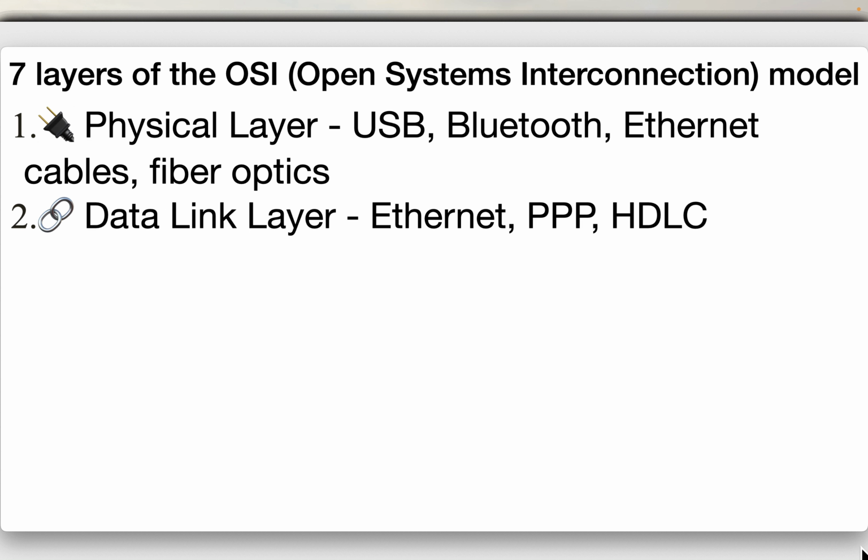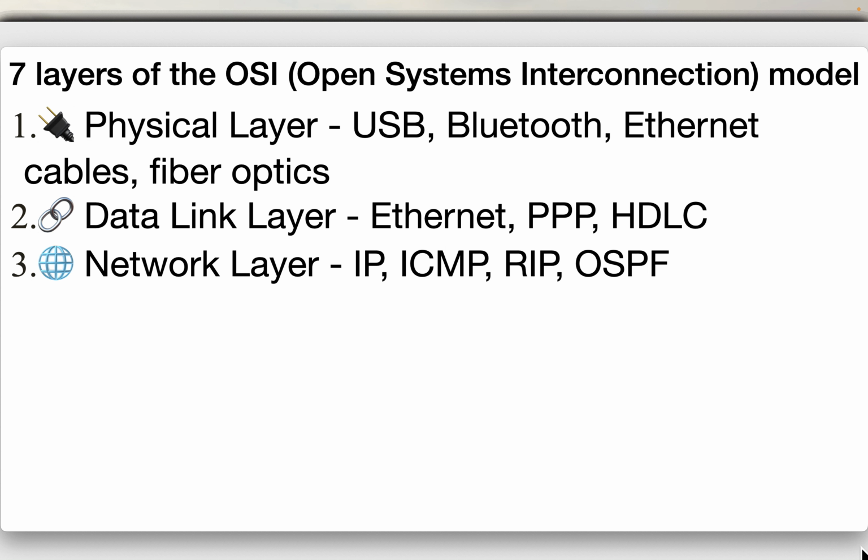Then we have the data link layer, which provides reliable data transfer between two nodes connected by a physical layer, and examples include Ethernet, point-to-point protocol PPP, SDLC. And third we have the network layer, which consists of internet protocol, IP, ICMP, IP addresses, routing, OSPF.